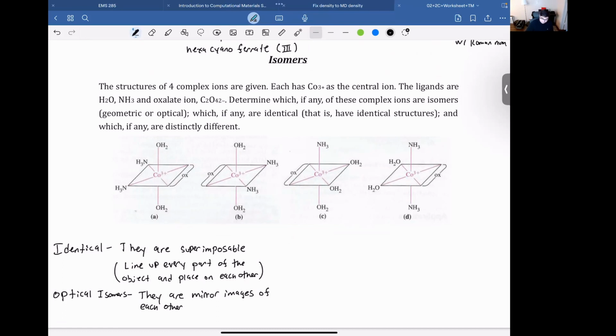That doesn't make sense. But they are mirror images of each other and not superimposable. Oftentimes these are called enantiomers, so those of you who take organic chemistry will see this name pop up quite a lot.